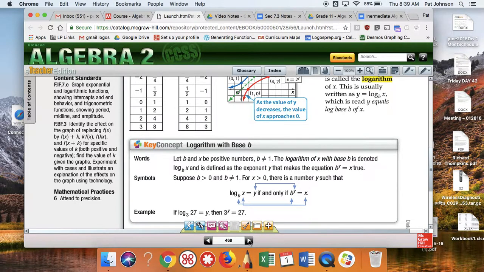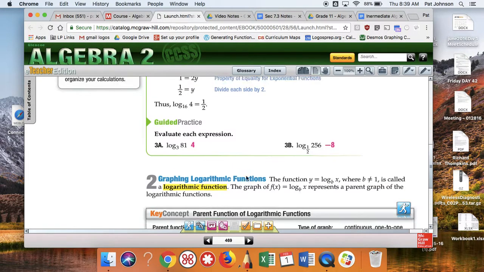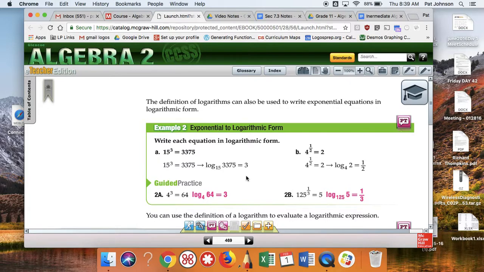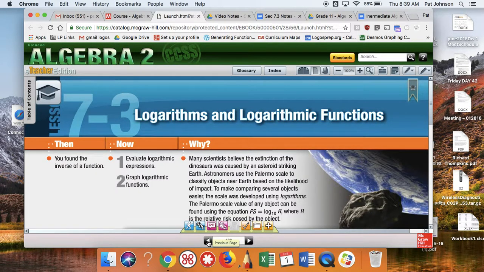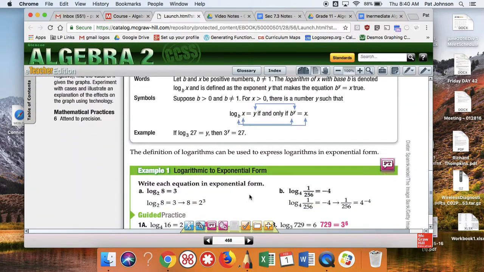Okay, so let's look at some examples. Let's look at example 1. By definition, we can change from a logarithm to an exponential, and from an exponential back to a logarithm. So let's look at the examples they give us.